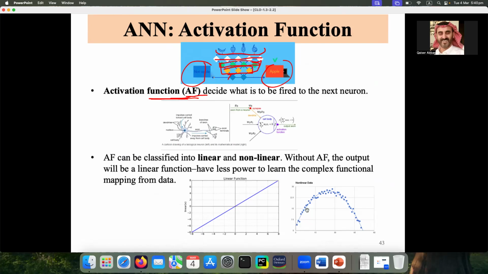For example, here the points are not a straight line, it is something like a curve. When you have a shape like that, it is called non-linear. Now we will go into further detail.